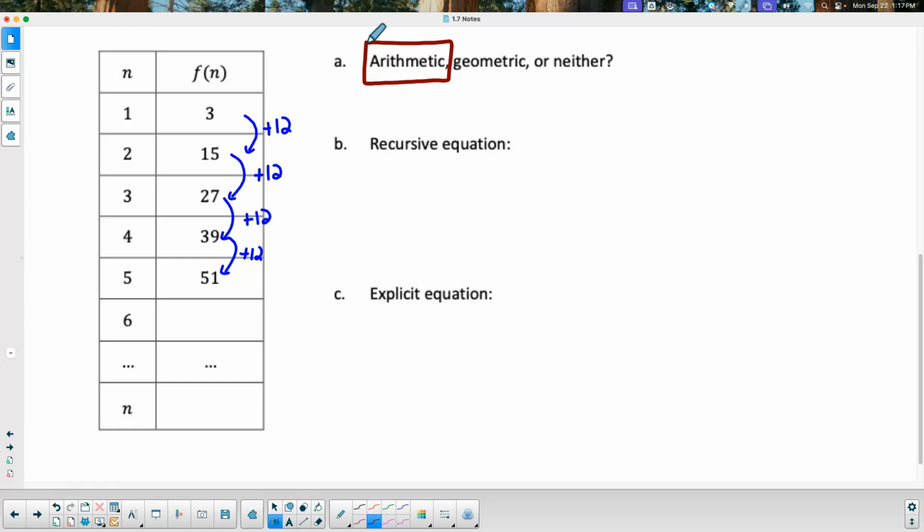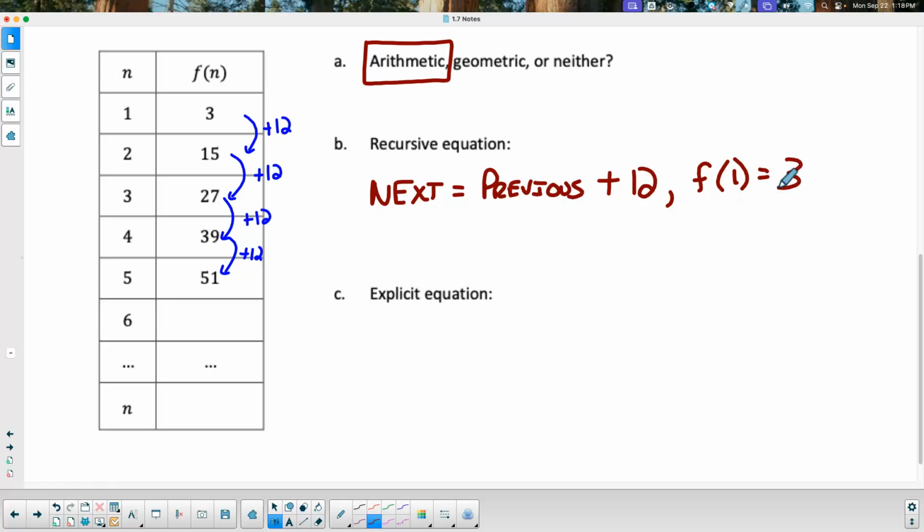Common difference then, because arithmetics have common differences. Common difference then would be what? 12. We're adding 12 every single time. Okay? Which means then that my recursive equation is going to be next equals previous plus 12, and we had our first term at 3, or we had our second term at 15, or we had our third term at 27, or we had our fourth term at 39, or we had our fifth term at 51.